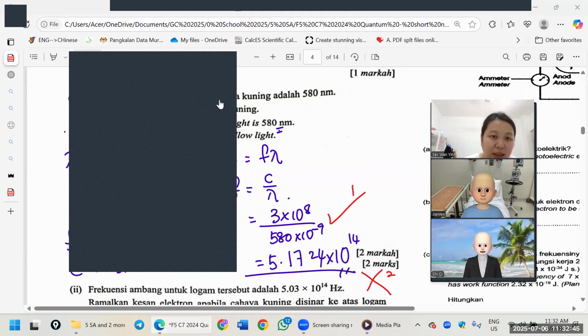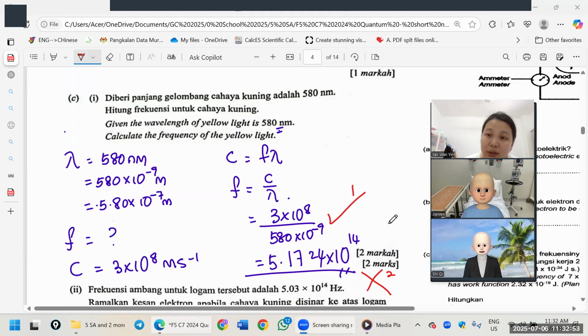Come to the question, what's the unit for frequency? Yeah, hertz. So it's Hz.